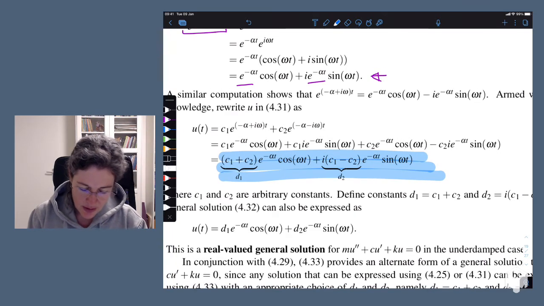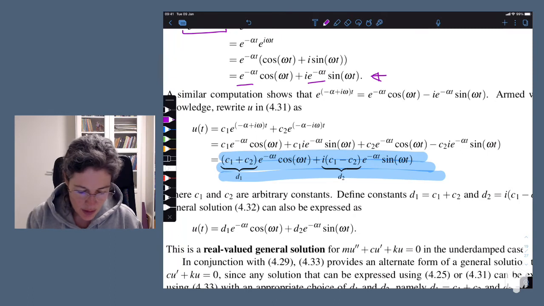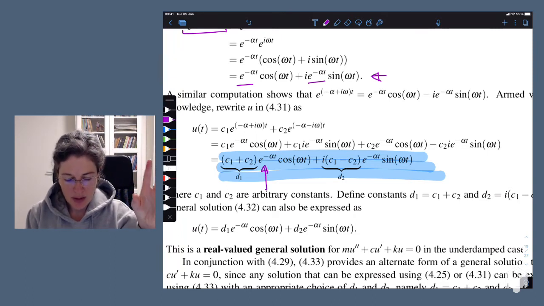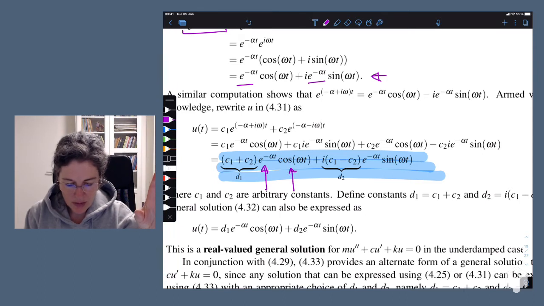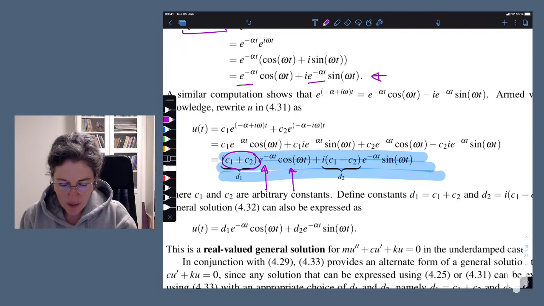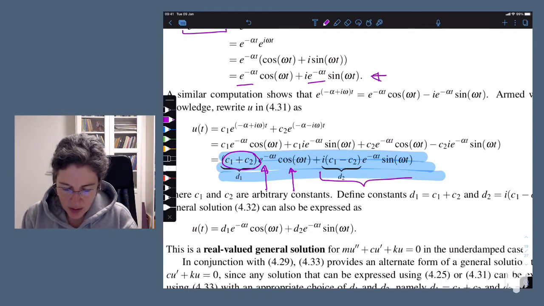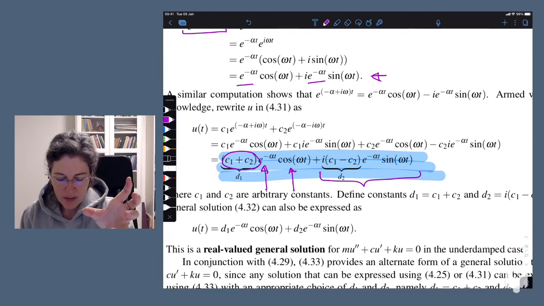So our term here, what have we got? There's our decay term, e to the minus alpha t, and here's an oscillating term, and we've got some constant multiplying that, and then over here we've got a similar term in sine rather than cos that's imaginary.